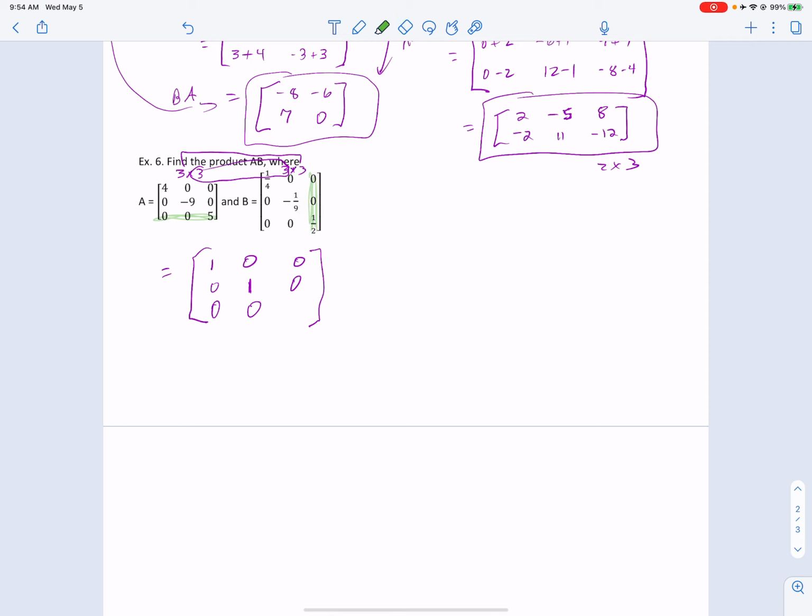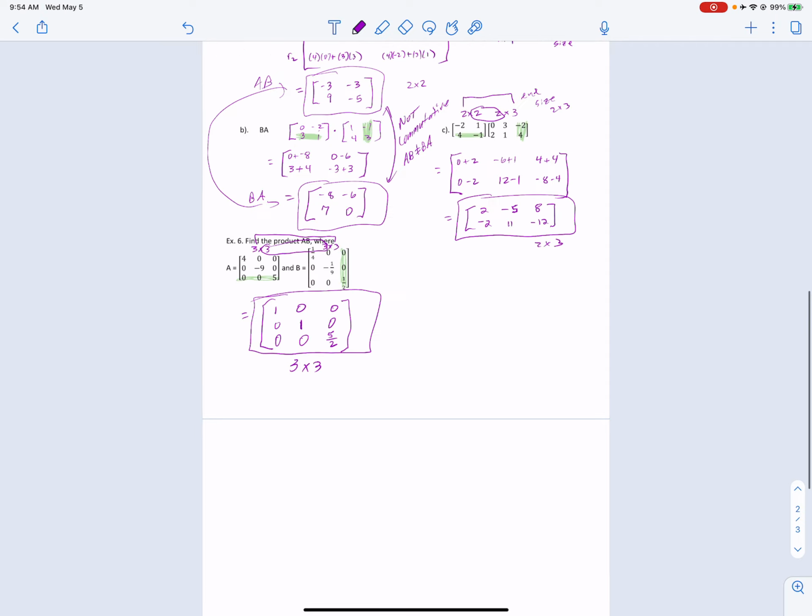Move to the third column, and then 0 times 0, 0 times 0 is 0, and then 5 times 1/2 is 5/2. And notice that we ended up with a 3 by 3, which is what we expected for dimensions. And that's how you multiply matrices.